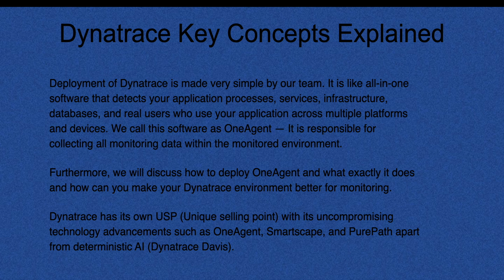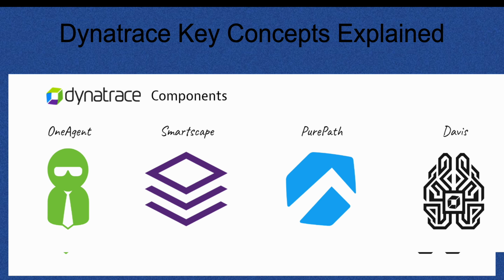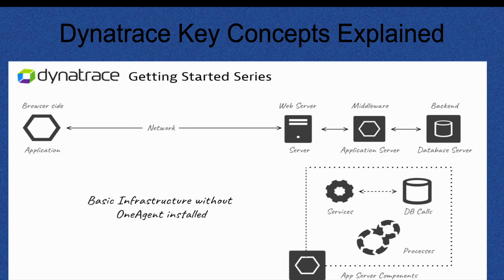And Dynatrace is made up of components. This is basically normal. I will connect this dotted line from here. Why did I show you this without the Dynatrace OneAgent installed? There is not a lot of different types of agents.